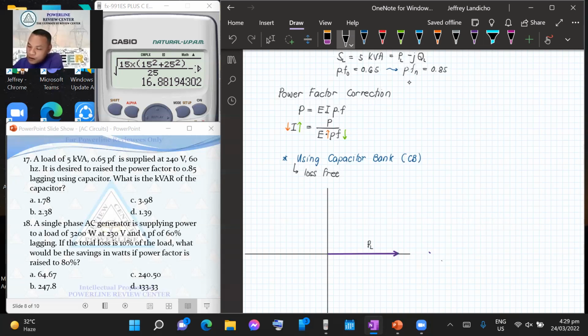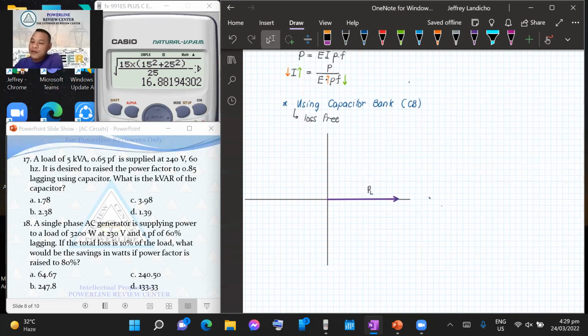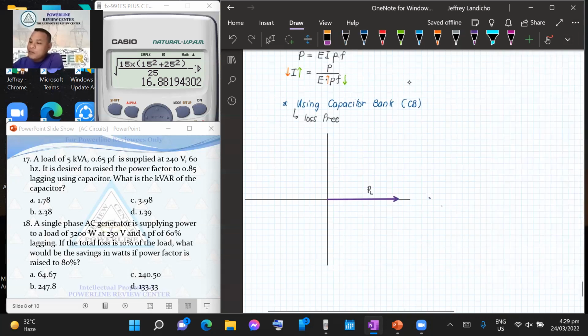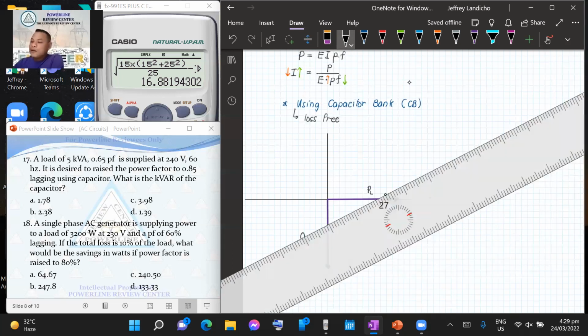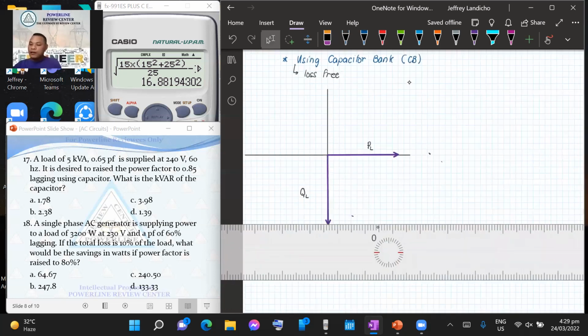Now, since voltage conjugate tayo, yung reactive power ng ating load ay nasa baba. Ang haba niyan represents the inductive reactive power consumed by the load. Kapag kinuha natin si apparent power, that is just simply the resultant of these two given power.